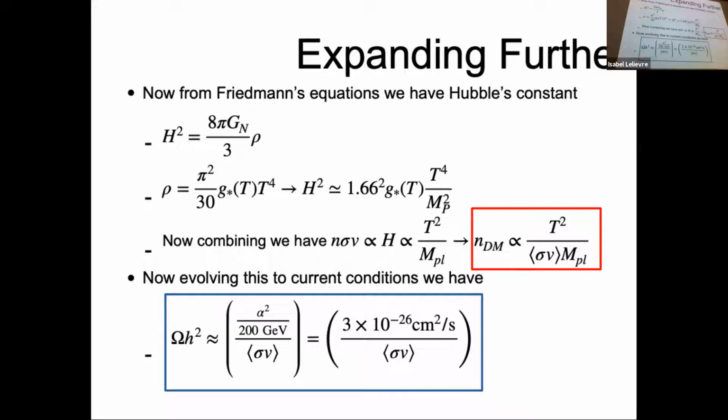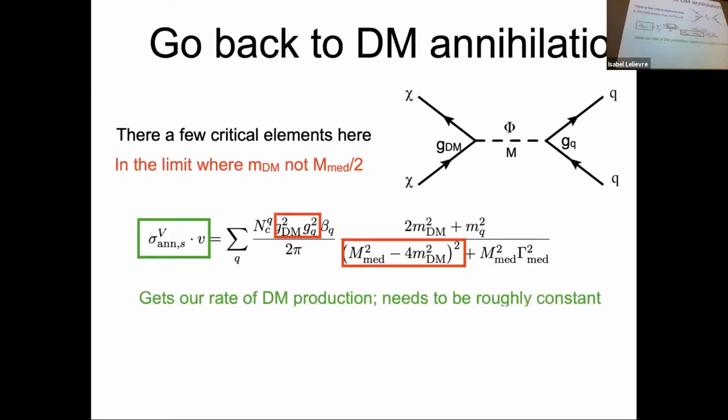It's not completely, there's some change that comes when you actually do this correctly. But the nice thing is that we know the dark matter density. It's just going to be a constant divided by this sigma v. And this allows us to actually start making estimates from a model.